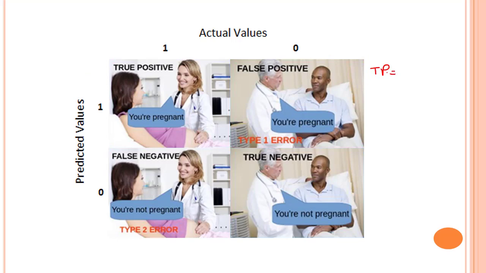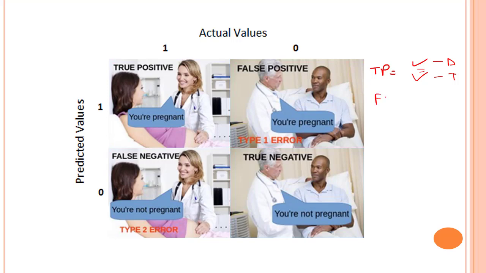True positive is if the doctor tells you that you are pregnant and you find out that you are actually pregnant. So the doctor predicts that you are pregnant, and after doing the test, it is also found that you are pregnant. Both of them are equal, and this is true positive.